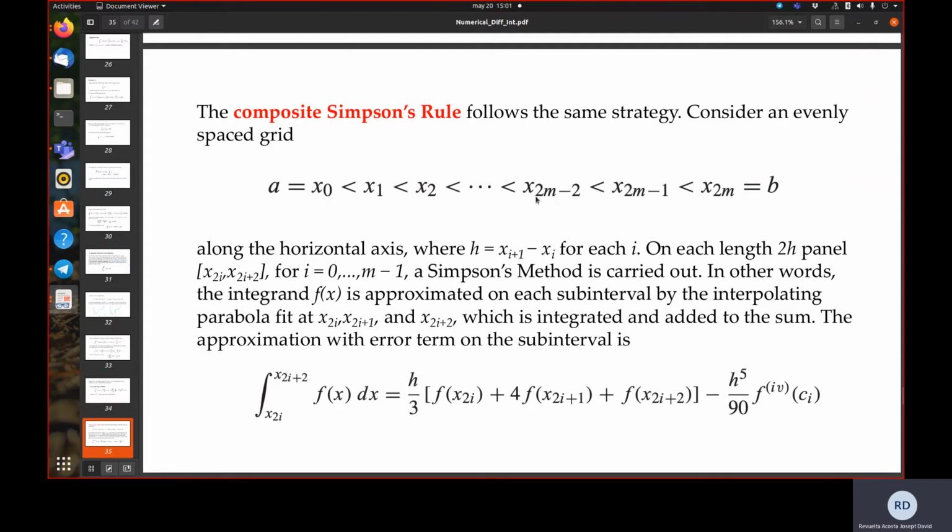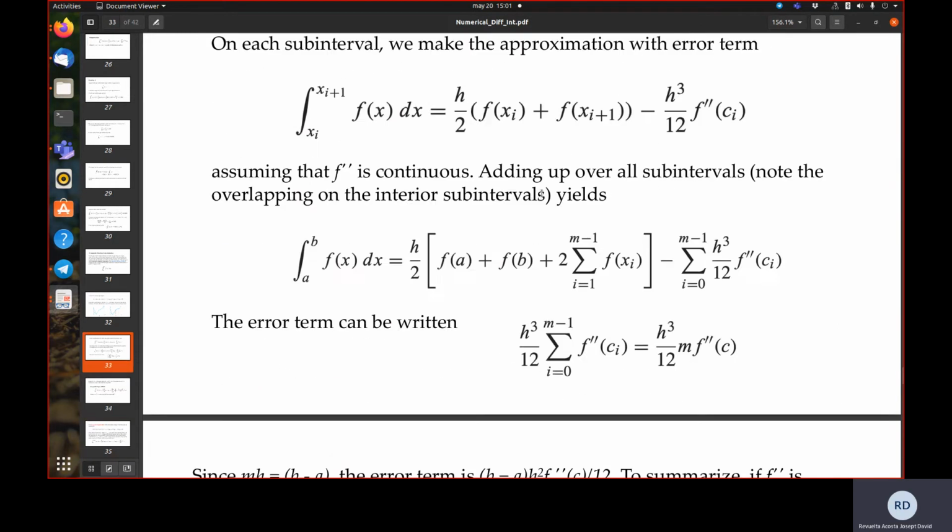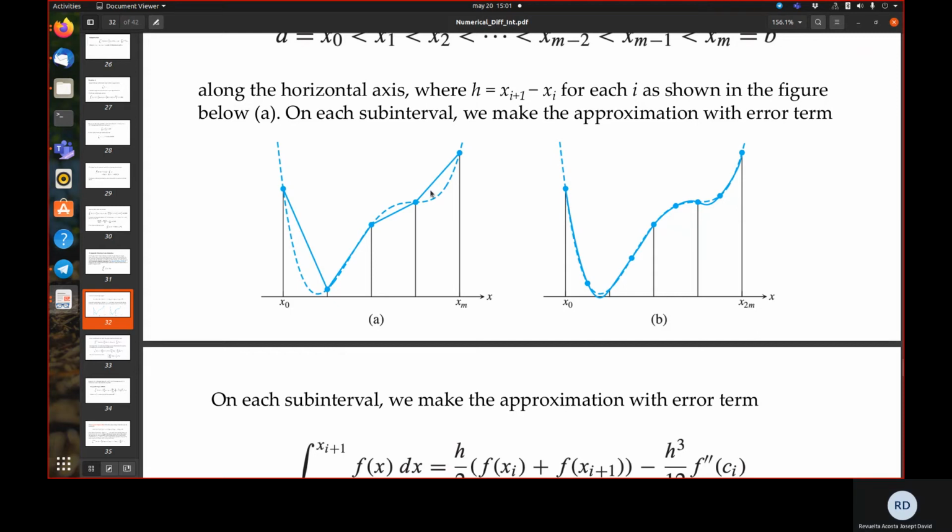Why? Because we have points in between the intervals, right? So we need to also account for those small intervals in between the two main subintervals. It's like here, you have 1 point here, 1 point here, but you have one point in between. One here, and then you have 1 point in between.